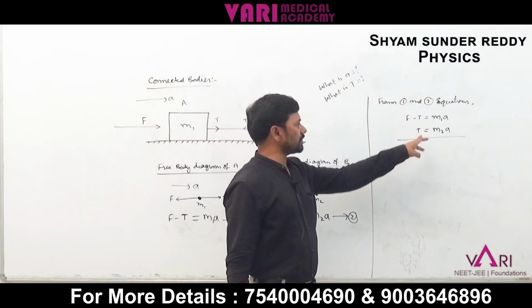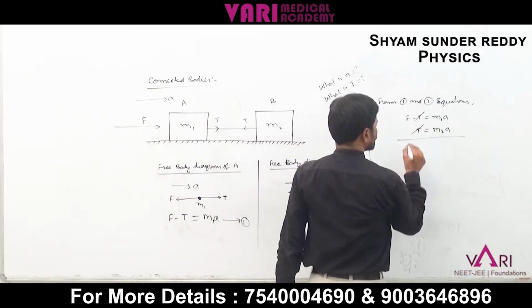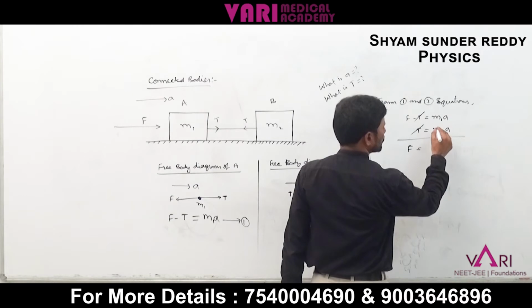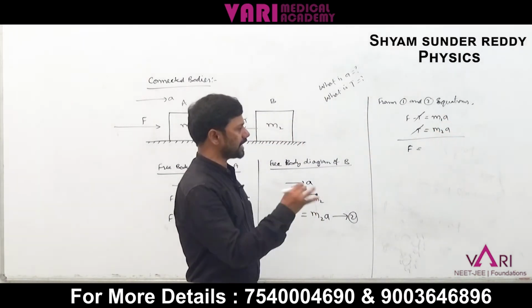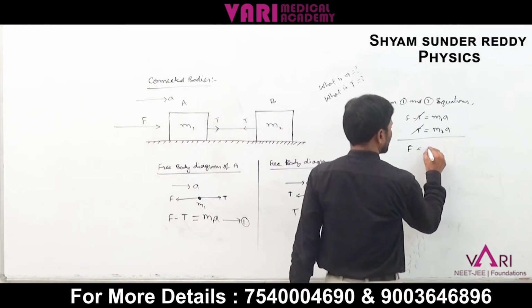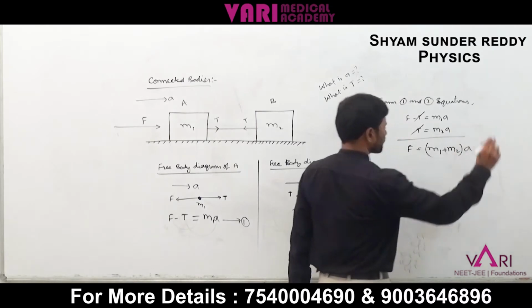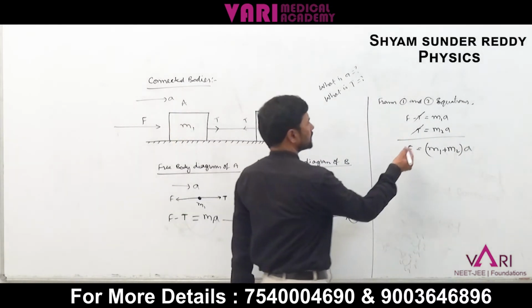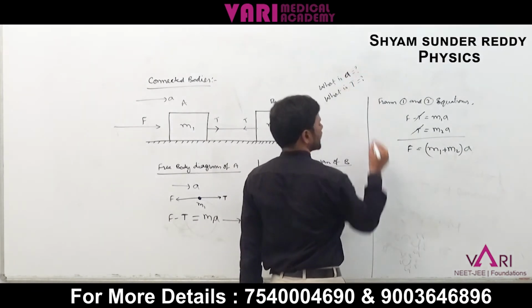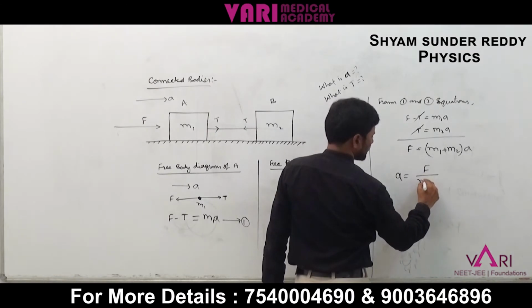This is the negative value, this is the positive value, so these two cancel. So F is equal to m1a plus m2a, where a is common. So we get F is equal to (m1 plus m2) into a. From this, the acceleration a is F by (m1 plus m2).